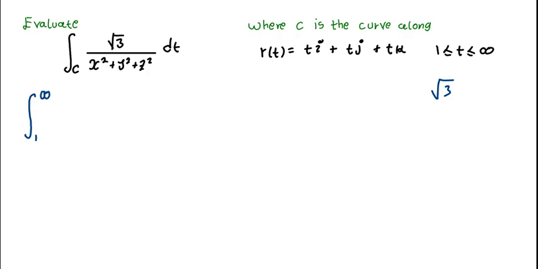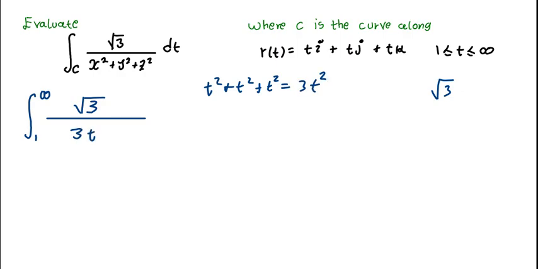Then here I have the square root of 3, divided by x squared plus y squared plus z squared, where you substitute x with what x is in this vector valued function. x is equal to t, same as y, same as z. So you have t squared plus t squared plus t squared, which just gives us 3t squared.